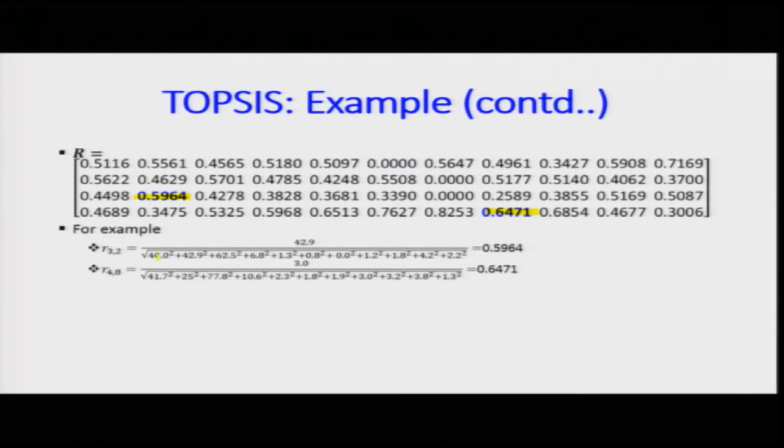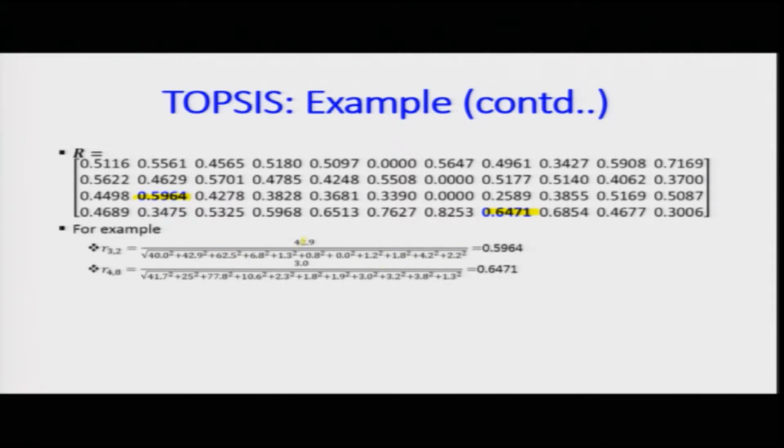The first value was 40 square, 42.9 square, 62.5 square, 6.8 square, 1.3 square, 0.8 square, 0 square, 1.2 square, 1.8 square, 4.2 square, 2.2 square. From where did these values come? Look at R 3, 2. This is the 3, 2 cell, that means I am considering the third alternative and the second row. The second row values were these, which I said as squares.